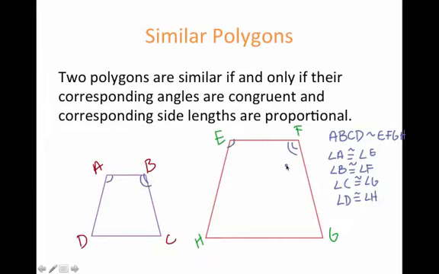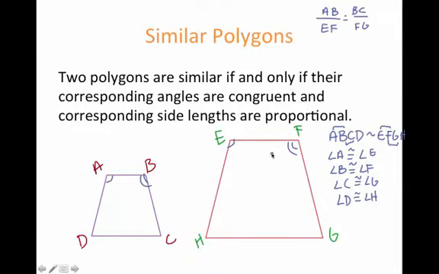And their corresponding sides are proportional. So that means the ratio between AB and EF, this first segment right here, is proportional to the second side, BC to FG.